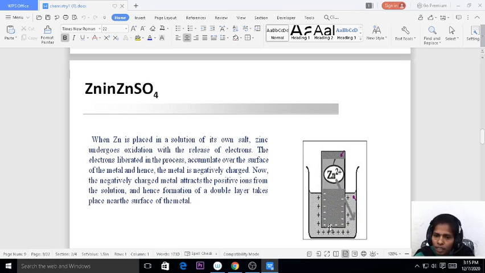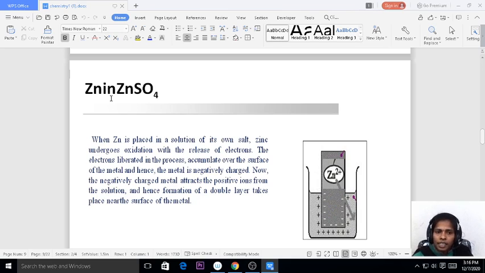Whatever electrons are released, those electrons are deposited on the surface of the metal. So due to the electrons on the surface of the metal, a layer is forming on the metal, and this is also called the double layer here.